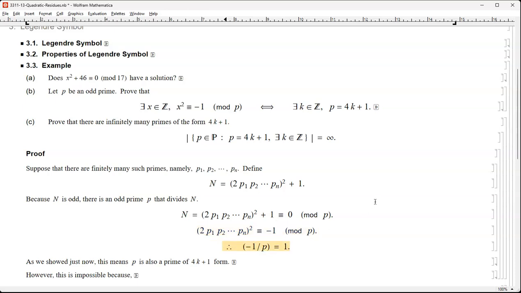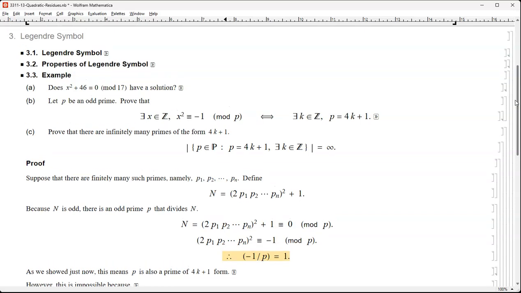So what did you get? In terms of Legendre symbol, we can say -1 over p is 1, positive 1. Or in terms of quadratic residue, we can say -1 is a quadratic residue of this p. So it should be of 4k plus 1 type. So this p is one of those pi's.